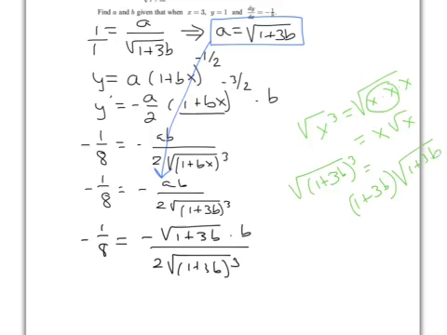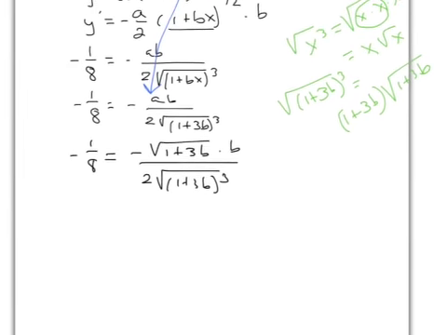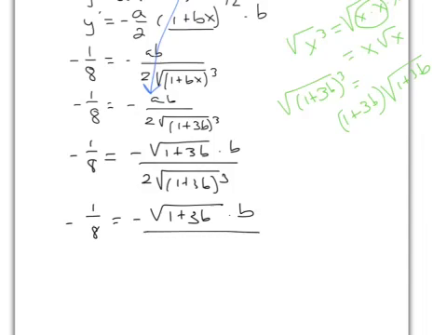So let's rewrite this. We have negative 1 over 8 equals negative square root of 1 plus 3b times b all over 2 times 1 plus 3b, and then we have that square root of 1 plus 3b.